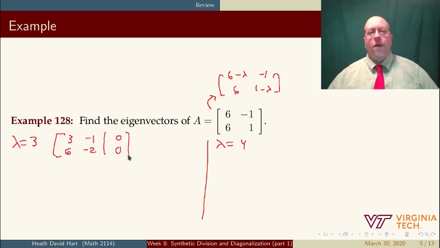And then we'll augment with zeros. So what we did here was we replaced lambda with its numeric value. We augmented with zeros.